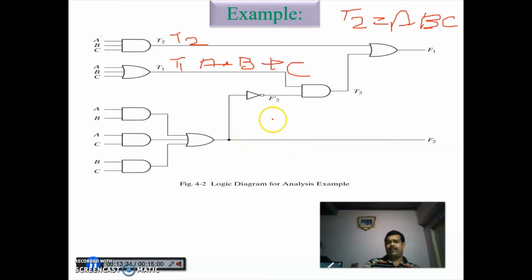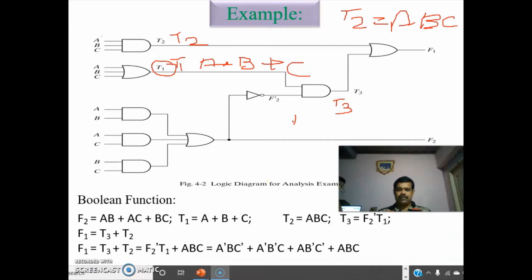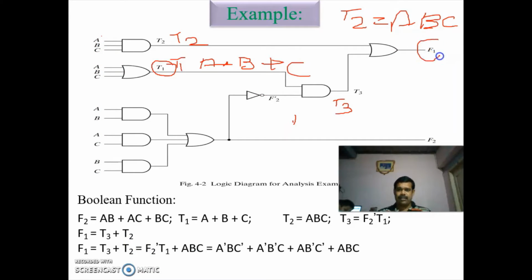Next, we are going to find the value of output of this gate. That is, we are taking this as T3. So T3 is nothing but, here we have to label it as T1. So we can write it as, in the circuit, the inputs and outputs are given. It is having two outputs, F1 and F2.